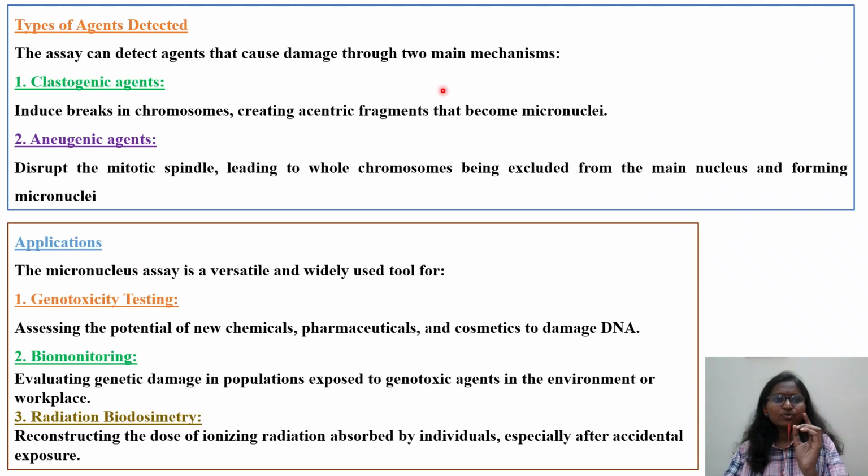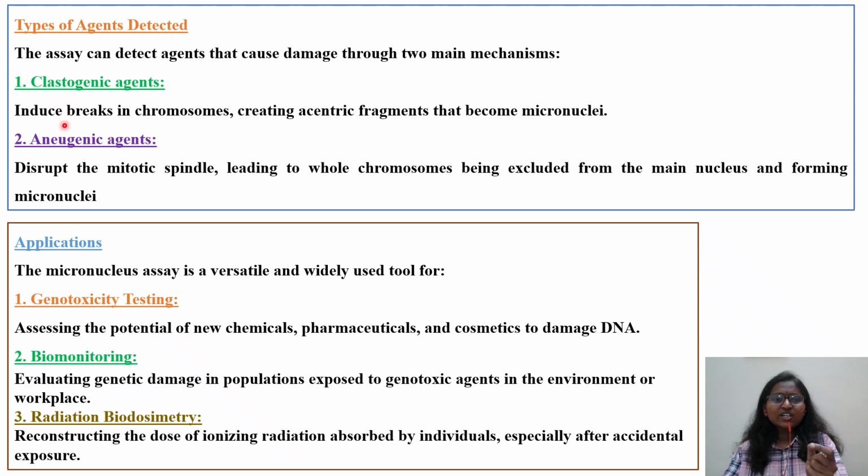So what are the types of agents which are detected? As we have seen, the question is also the same. In our option D, we had to understand clastogenicity and aneugenicity. This micronucleus assay can detect agents that cause damage through two main mechanisms: one is clastogenic agents, the second one is aneugenic agents.